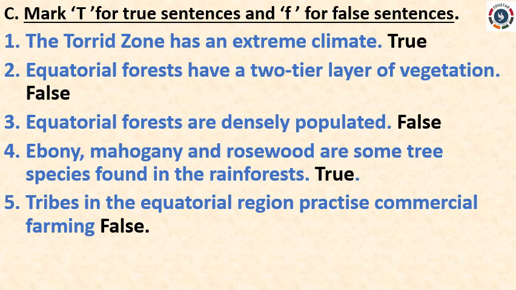Answer false. Fourth one, ebony, mahogany and rosewood are some tree species found in the rainforest. Answer true. Fifth one, tribes in the equatorial region practice commercial farming. Answer false.